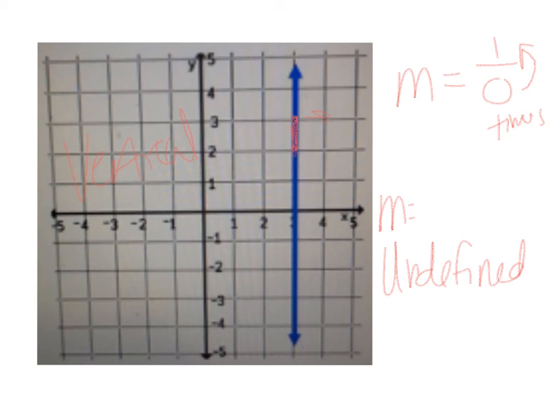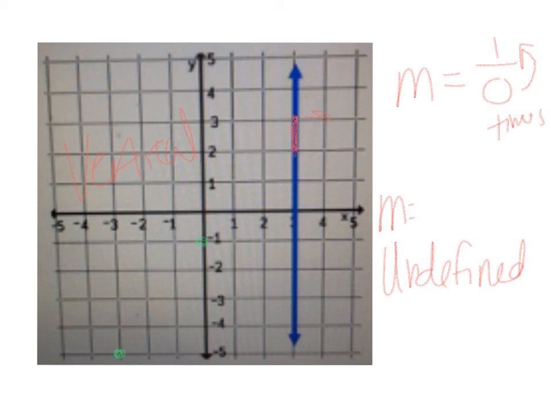Okay, the last thing I want to quickly remind you of, let's say we counted our boxes, and I'm just going to draw another example right here on this graph. Let's say our first dot was here, and our second dot was here.